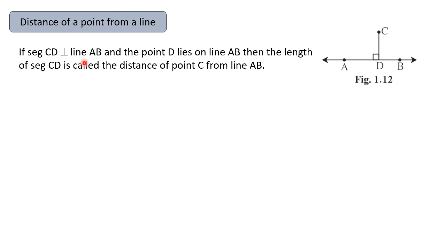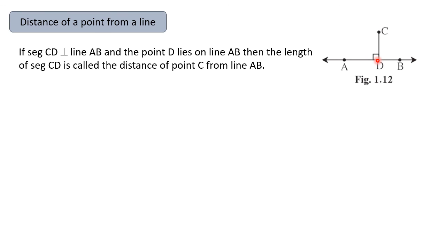So if segment CD is perpendicular to line AB, you can see this point C. From this, if we draw a perpendicular to line AB, and give the name D to this point, then we can say segment CD is perpendicular to line AB and point D lies on line AB, then the length of segment CD is called the distance of point C from line AB.